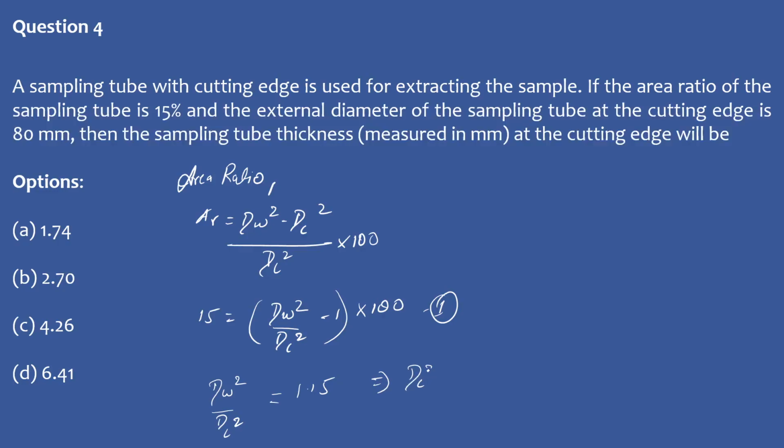So your Dc squared is none other than Dw squared by 1.15. So your Dc is Dw by root over 1.15, right?